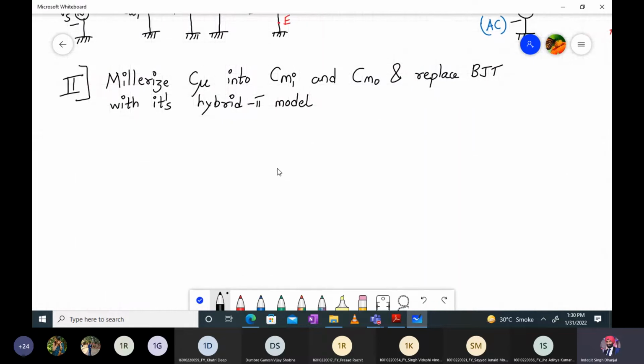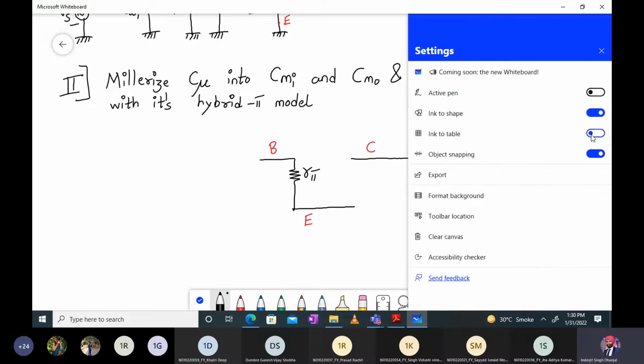So first of all, I will draw the BJT hybrid PI model. For this, I have my RPI over here. This is my base, this is my emitter, and over here I have my collector. Let me write over here, this is base, collector, and emitter. Let me turn off the ink to save.